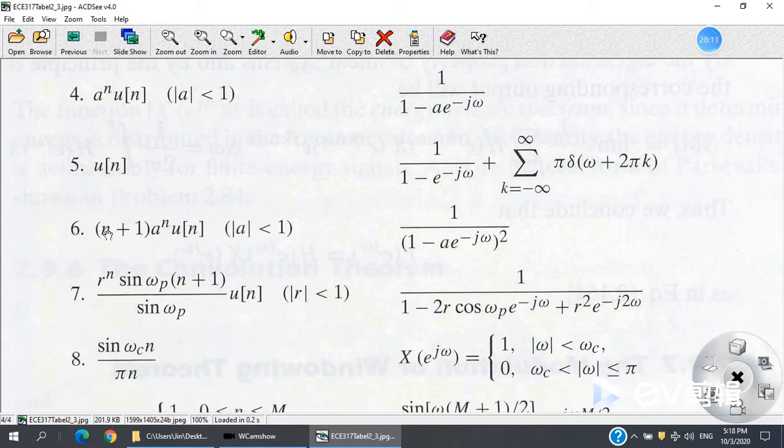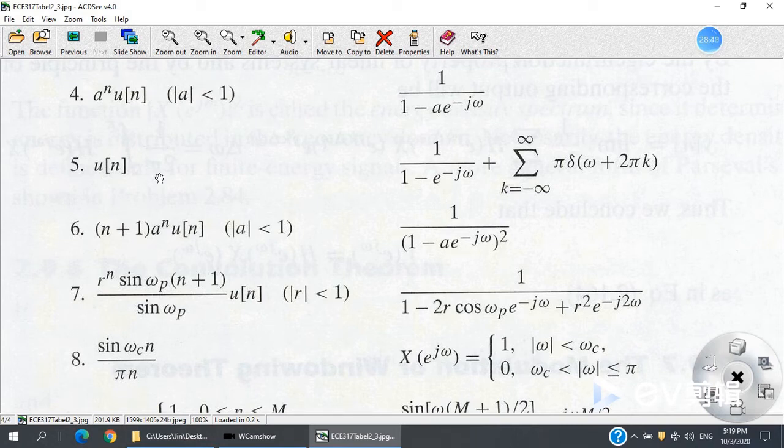When the absolute value of a is smaller than 1, in the z domain we also have this. Just replace the exponential power by z to negative 1 here. Alright, so you can use this. So this is n plus 1 times a to the n u of n.